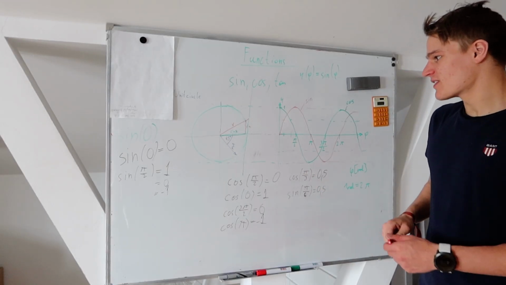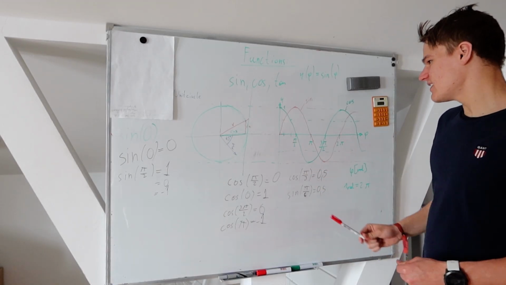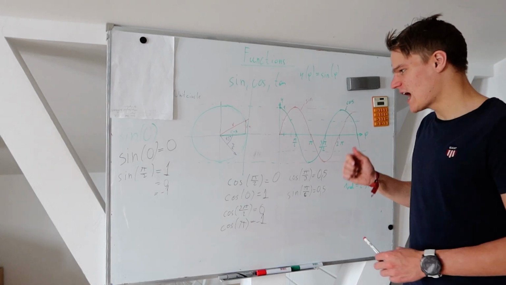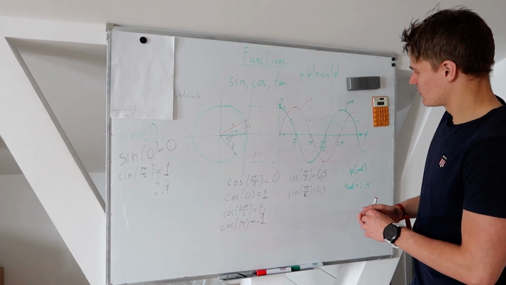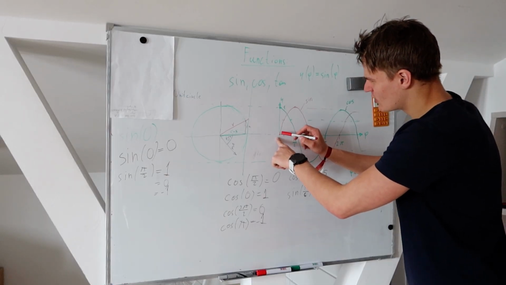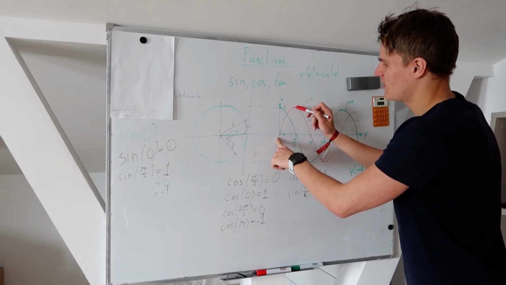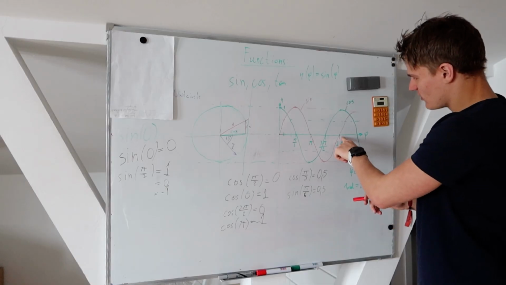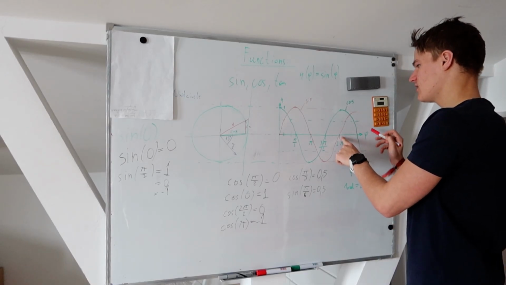What does that mean? They start and end at 2 pi. How can we prove this? Well, look. At this point, it starts to go up, and then it goes back down, right? And at this point, again, it starts to go up, and then it goes back down.